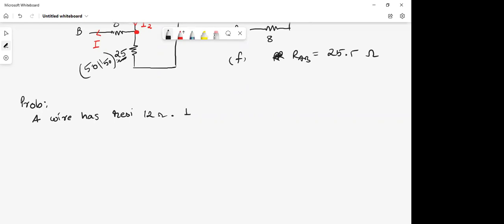If it is bent in the form of a circle, calculate the resistance between any 2 points on its diameter.